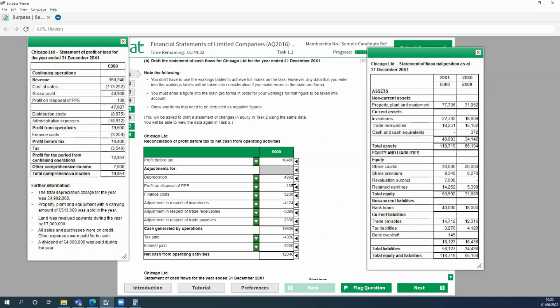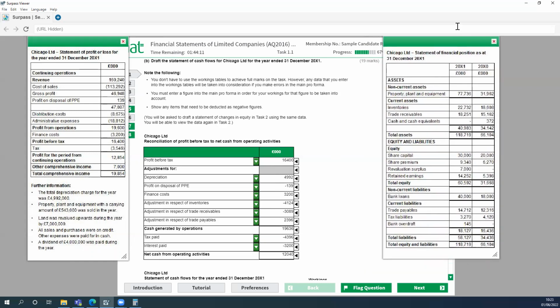So therefore, once you put all your figures in, you've got your profit before tax, add your depreciation, take off your profit on disposal, and so on and so forth. That should give you your cash generated by operations of 19,636. Okay. As far as your tax paid is concerned, I tend to do this on a T account on the board because it's far easier, because you've got your tax liability. So follow it through for me.